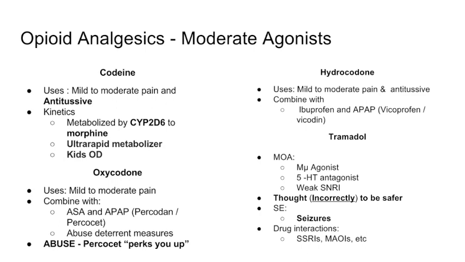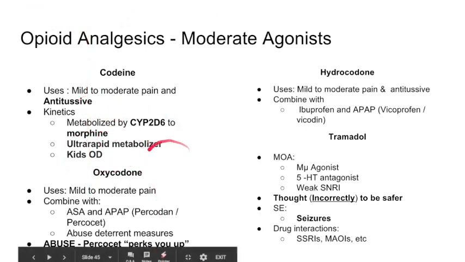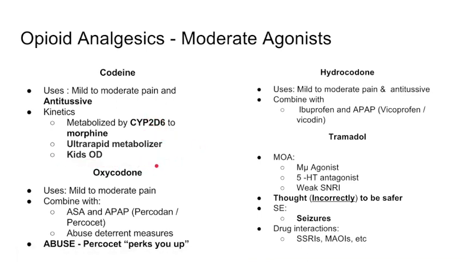Big concept to know. It ties in pharmacokinetics, pharmacogenomics and genetics, and your knowledge of opioid pharmacology. So big: know 2D6, its polymorphisms, ultra rapid metabolizers, and kids overdosing on it.